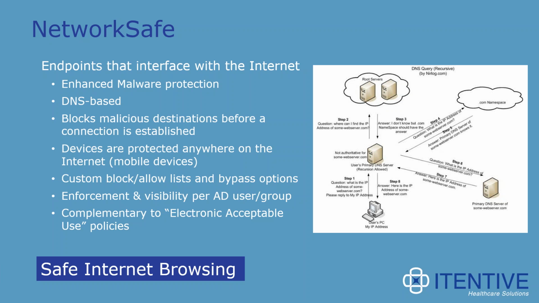You can set up custom block and allow lists for bypass options. So again, this is something we would work with you on, what you want people to be able to do, how you can let them in, and those types of things. And it provides enforcement and visibility per AD user group, and is complementary to electronic acceptable use policies. So the goal is safe internet browsing.